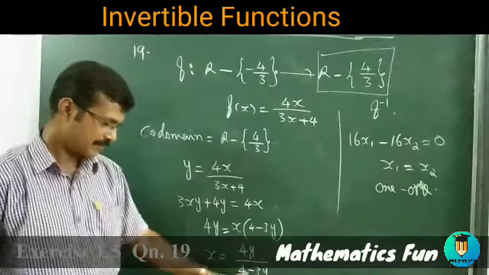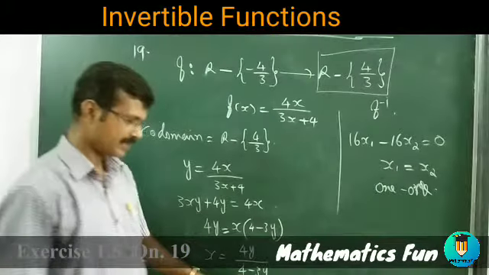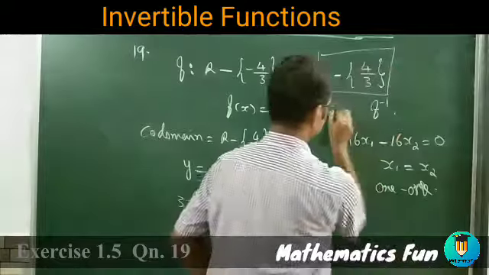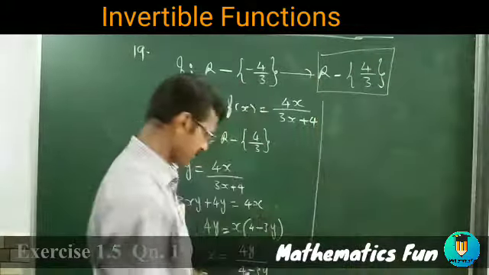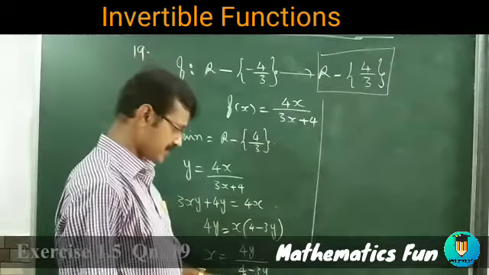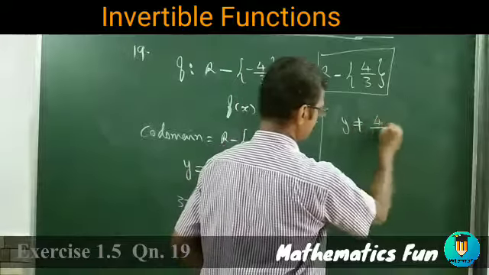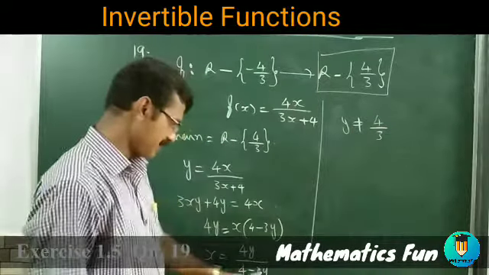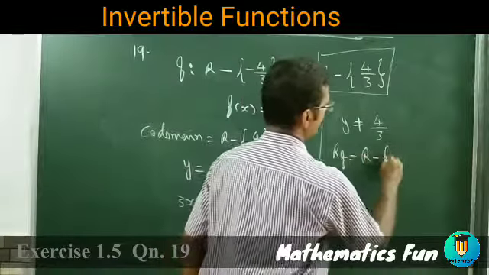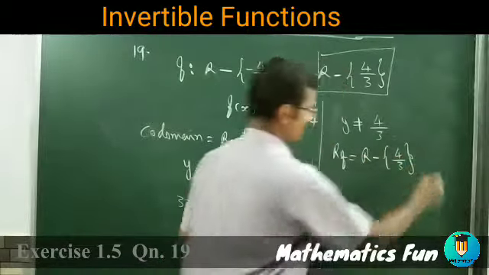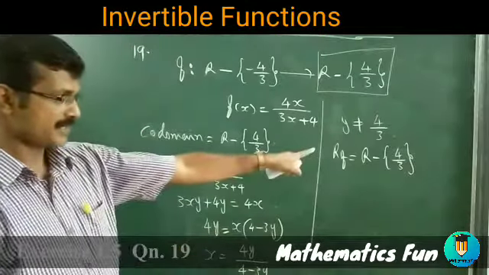If you observe here, y cannot take the value 4 by 3. You come across our domain and range from this. So I can say the range of this function is equal to R minus 4 by 3, since y cannot be 4 by 3.